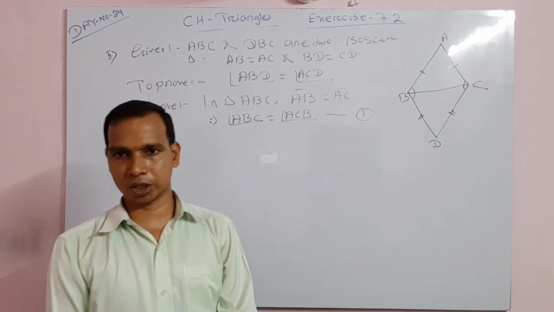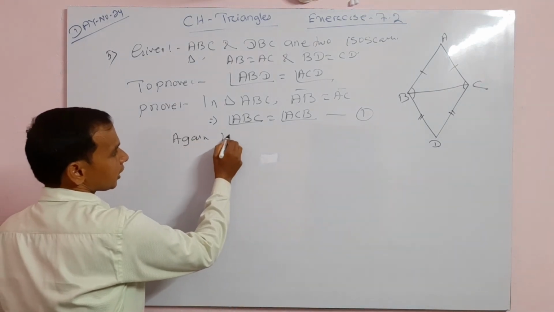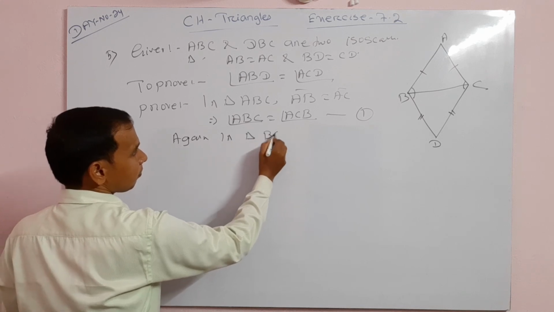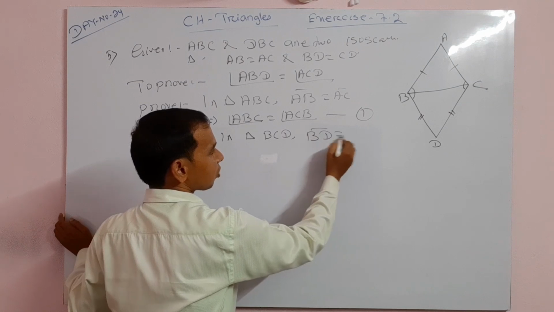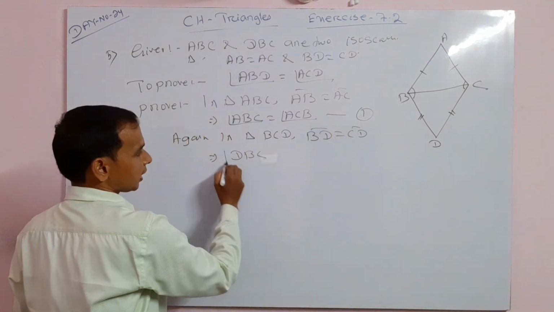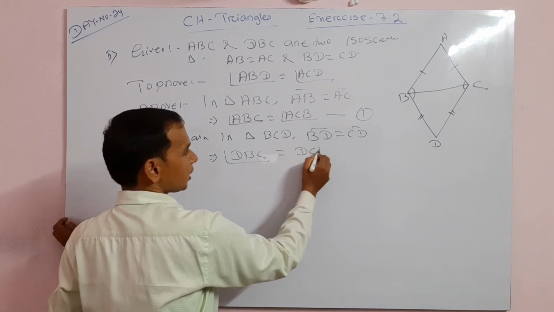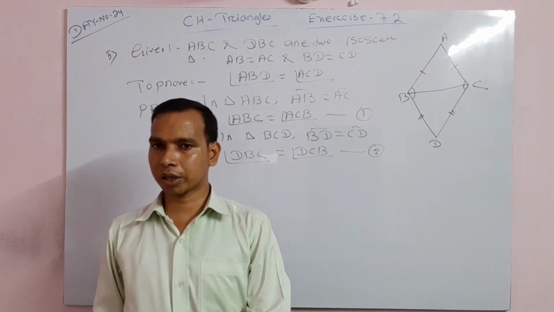You must write because. Okay. Again, in triangle BCD, BD is equal with CD. So DBC angle is equal with DCB angle because angles are opposite to equal sides.